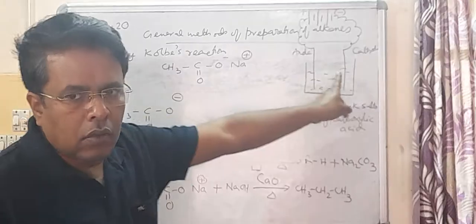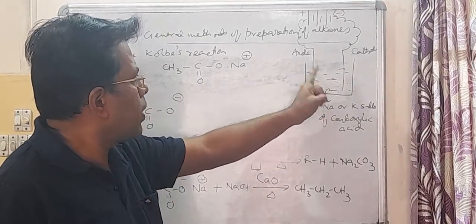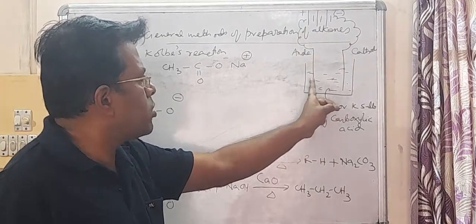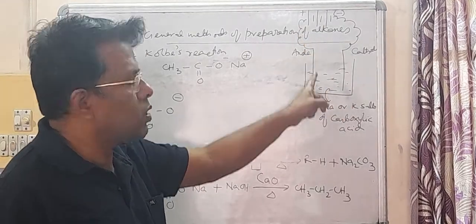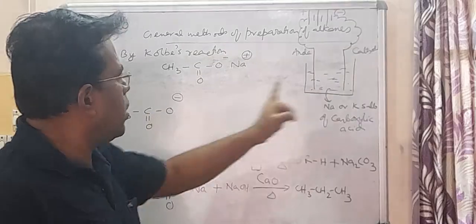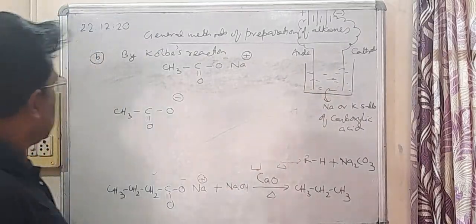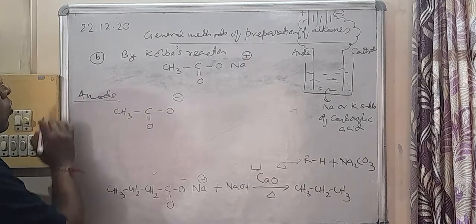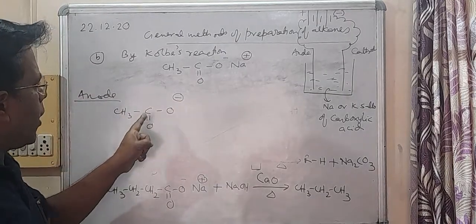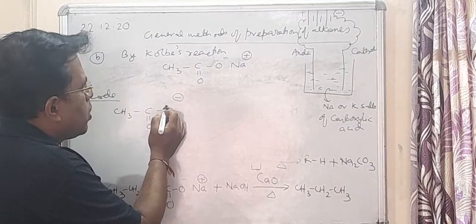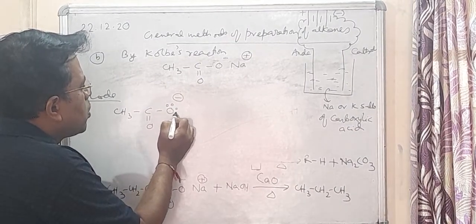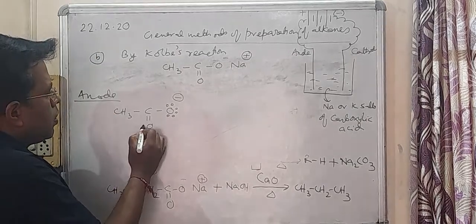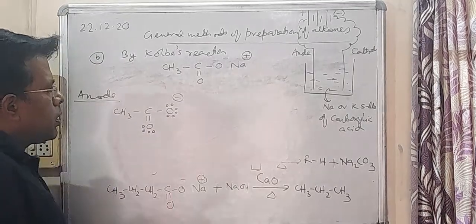This negative ion will be there in the solution, and when current is being passed, it will migrate towards the anode, because anode is a positive plate. So at the anode, what is happening? Now let me show by the lone pairs of electrons. Here there are 3 lone pairs, the double bond oxygen has 2 lone pairs.